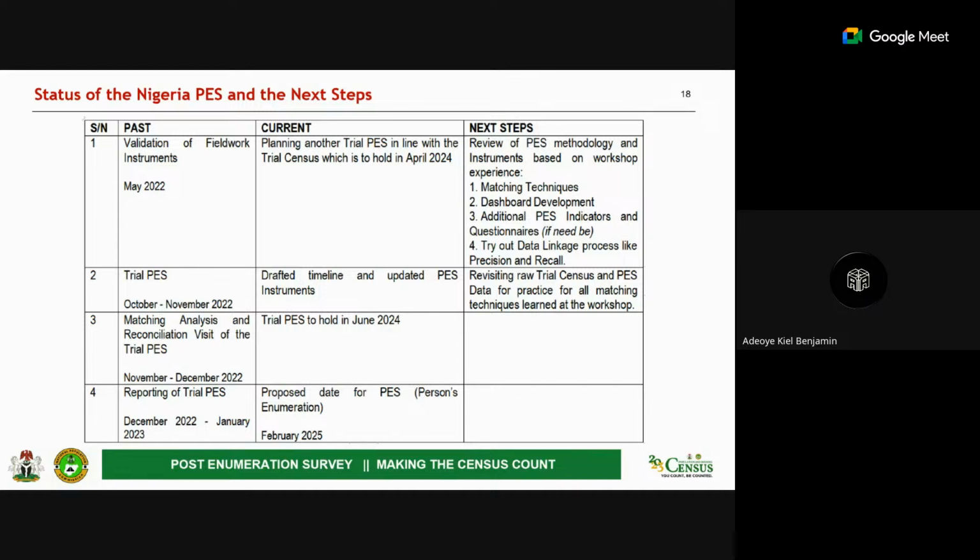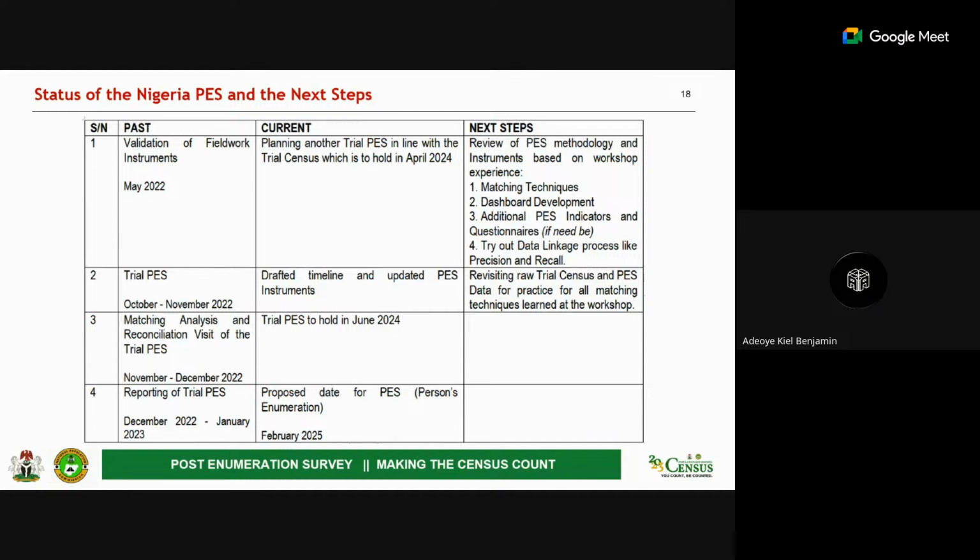Currently, we are planning another trial PES in line with the trial census to hold in April of this year. But the next step for the validation of field instruments is to review the PES methodology and instruments based on workshop experience from Addis Ababa.